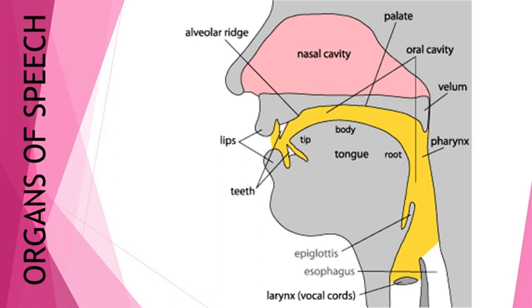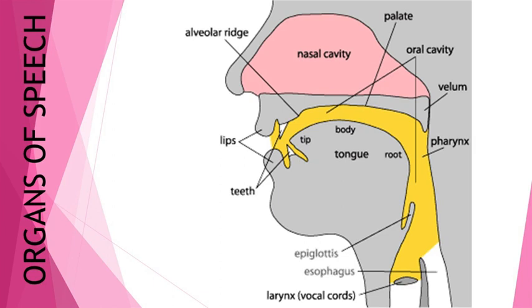Now raise the back of your tongue towards the hard palate. You discover that you have the soft palate behind. We also have the oral cavity, and that is towards the back of the mouth too. Then we have the velum. I mentioned the velum when I was talking about the nasal cavity. The velum is responsible for nasal sounds, because if the velum is not lowered, there is no way we can have nasal sounds.